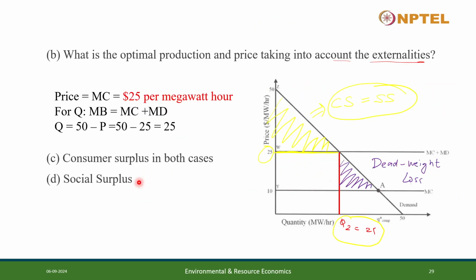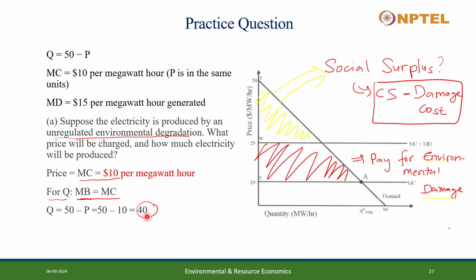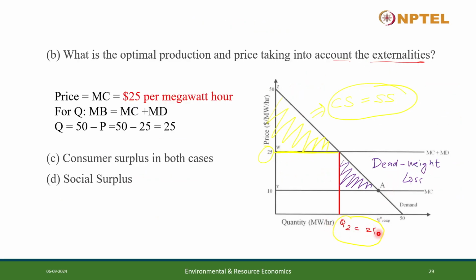However, when we impose regulation, Q will be 50 minus 25, that is, P will be 25, so we get a lesser Q, that is 25, in comparison to the previous case where Q was 40. So we have always said that there is overproduction and overconsumption when externalities are not considered. If the externality is considered, then the quantity of production will reduce. So that is what we have come across.